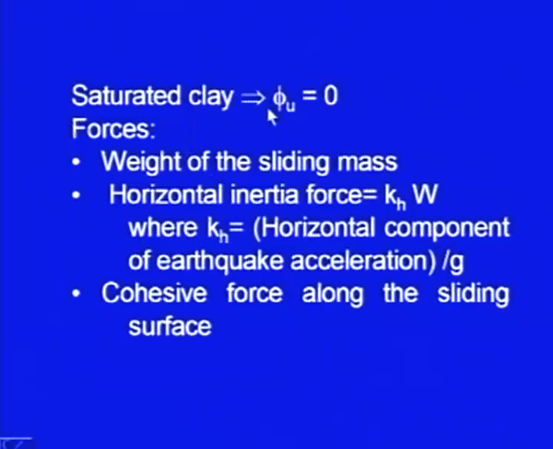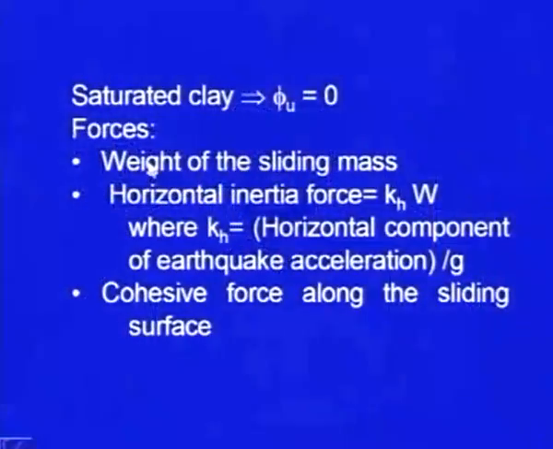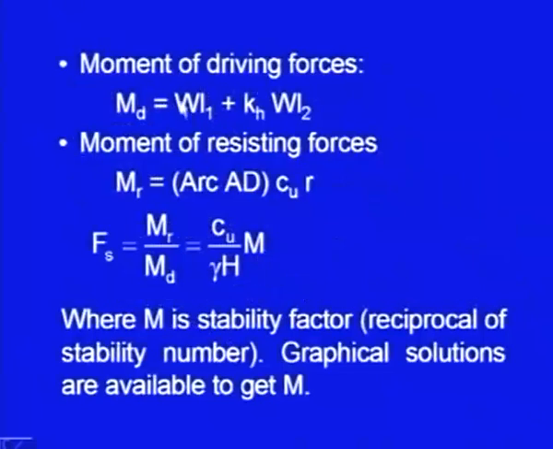So, again we are assuming phi u is equal to 0 and the forces, as I discussed, are: number 1, the weight of the sliding mass; number 2, the horizontal inertia force Kh into W, where Kh is a coefficient, the ratio of the horizontal component of earthquake acceleration and g; and third force is again the same cohesive force along the sliding surface. We will be taking the moments.